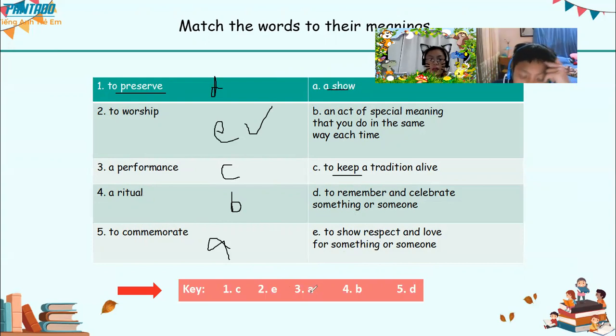Number four, B, an act of special meaning. Five is D, to commemorate, to remember. The keyword that you have to look for in commemorate is to remember. That is what commemorate is all about.